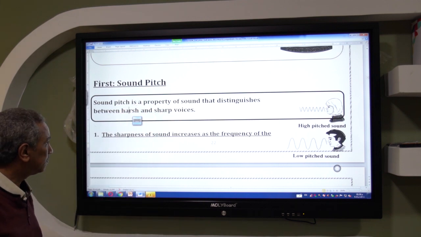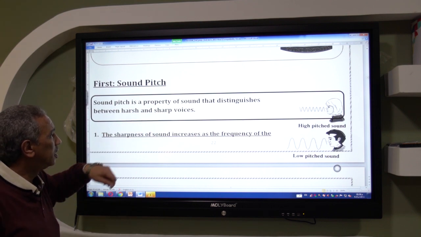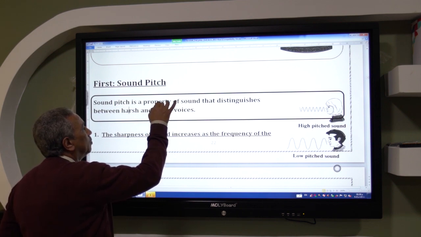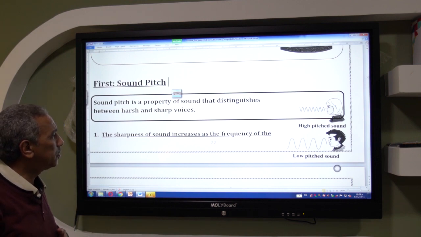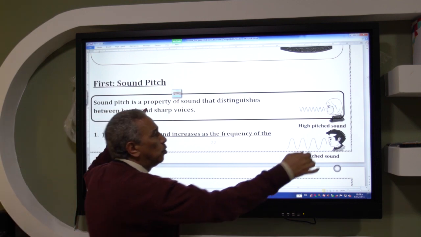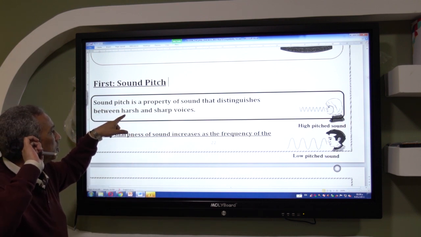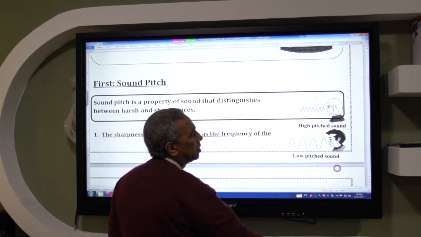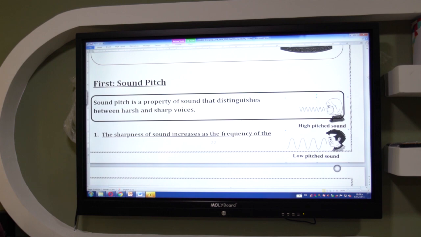If the sound produced is sharp, I can say this sound has a high pitch. A high pitch produces a sharp sound like the woman's voice, while a low pitch produces a rough sound such as the man's voice. This is the meaning of the sound pitch.